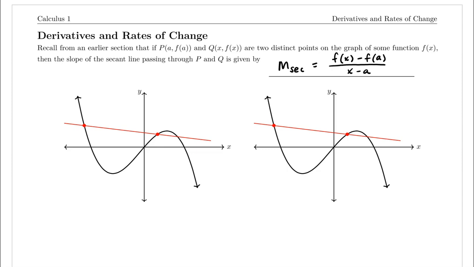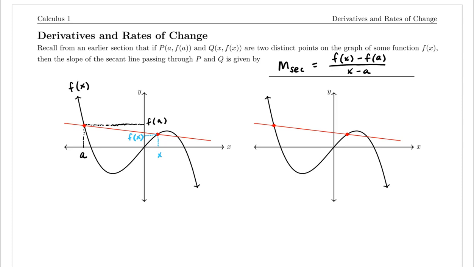So let's look at these graphs that we have here, and in this first graph I'm going to call this point here a, and then the y-coordinate of that ordered pair would then be f of a, because this is a graph of the function f of x, and then this point here I'm going to call x, and the y-coordinate of that point would then be f of x.